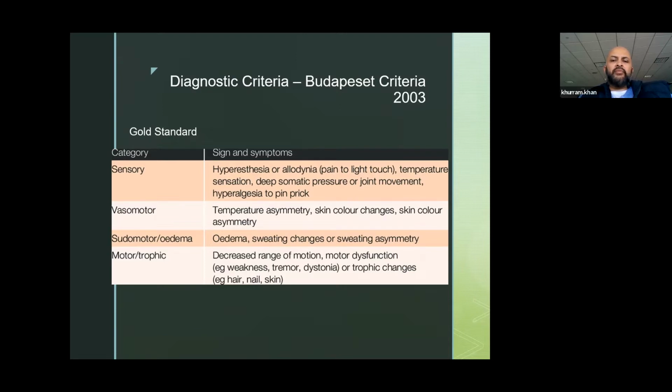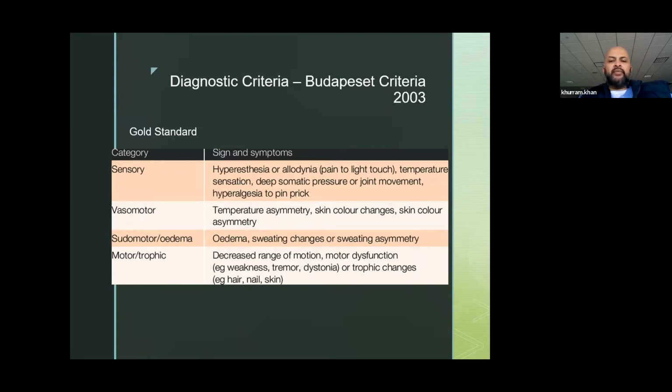This actually does not talk about whether this is related to the event or not, or whether the patient has any other physiological condition that should not be there. Nothing of that sort is there. So it's much simpler, much easier to perform and go through when you are talking to the patient and examining them.